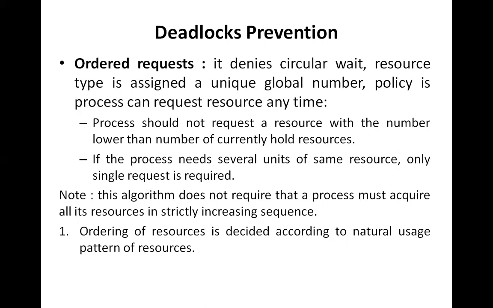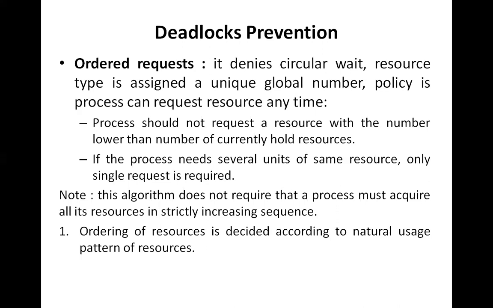But if it is holding 7 and it is asking for 3, then it is allowed to have resource number 3, but first of all it has to release all the resources it holds. So this is the possibility by which this ordered request can work.